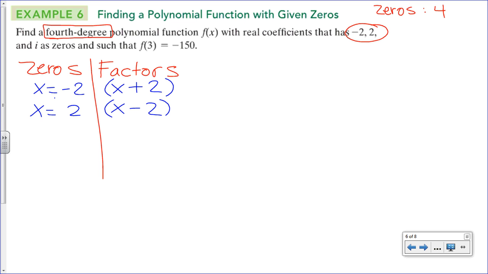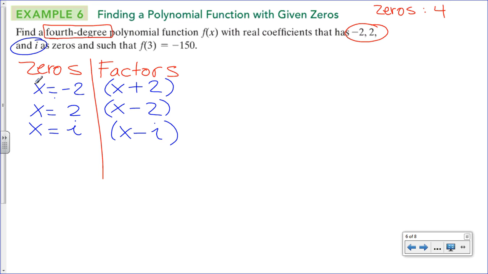All right. Now, if you keep reading the problem, we have that i is also a zero, right? It's right here. So now we have x equal to i. So what will be the factor that comes from that? Well, remember we need x minus i.